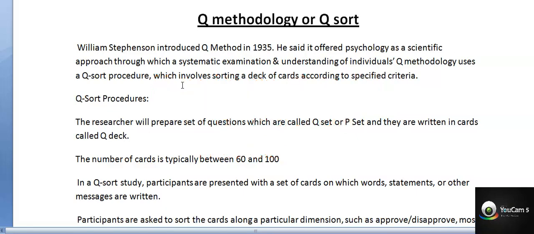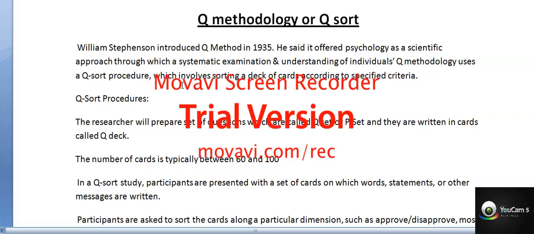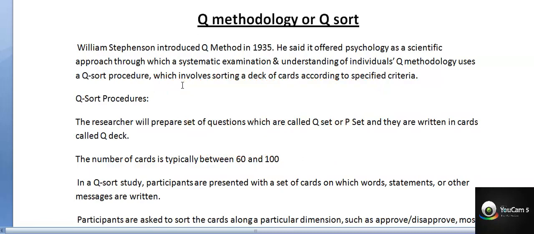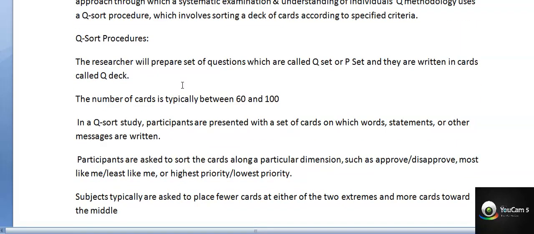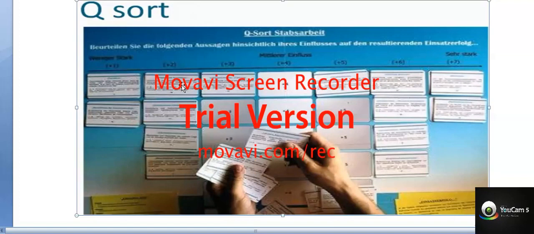What they do is give this Q deck to the participants, and the participants are expected to arrange it between two bipolar adjectives, like I approve, I agree, disagree, I like, most dislike. So these kinds of two bipolar adjectives will be there, and the participant has to arrange it in between these two. This is the Q sort board, where they can arrange all the statements between these two extremes.